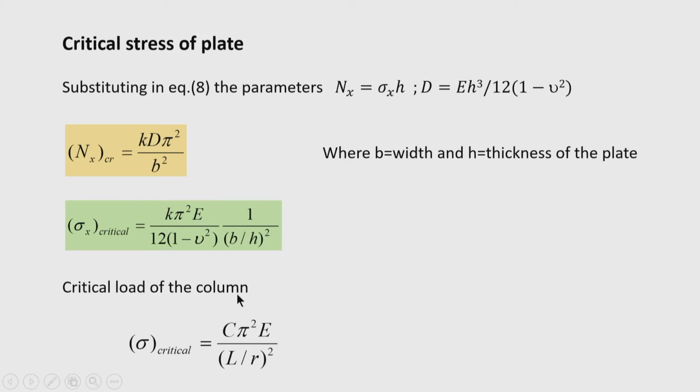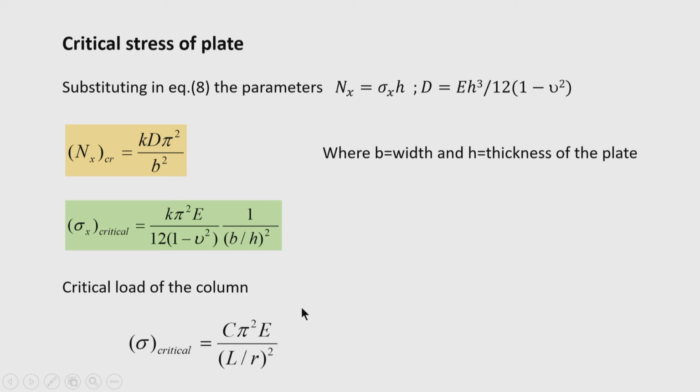In both cases, you can see that critical stress depends on the material property, that is E. E is the most important parameter which influences the critical load. In the case of the plate, you find the non-dimensional parameter b by h square, but in the case of the column it is L by R square, because R is the radius of gyration, which comes from the moment of inertia term.